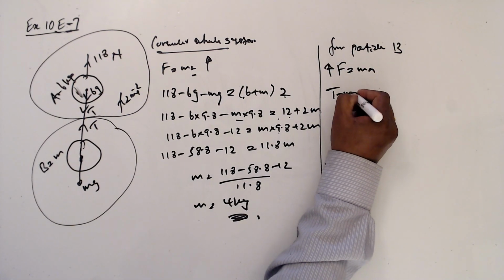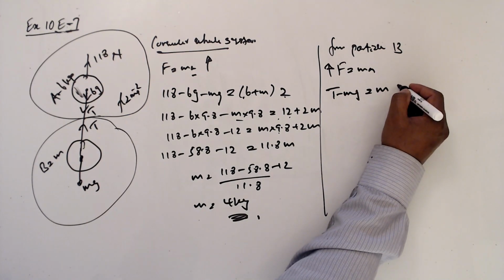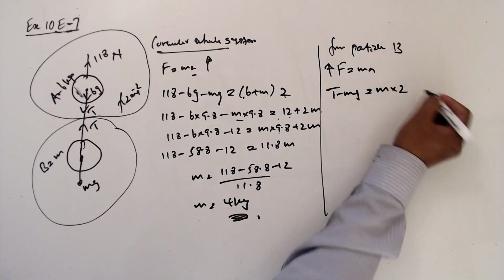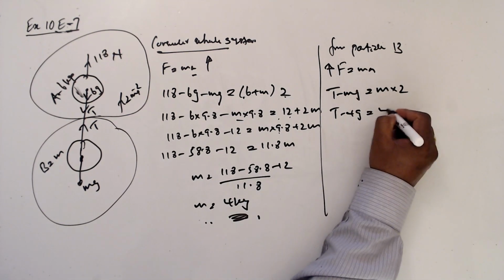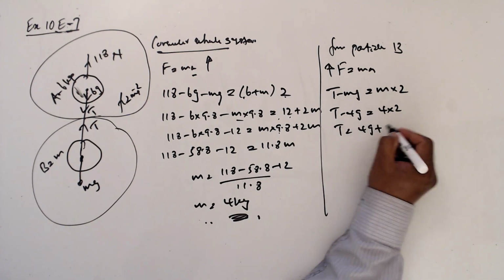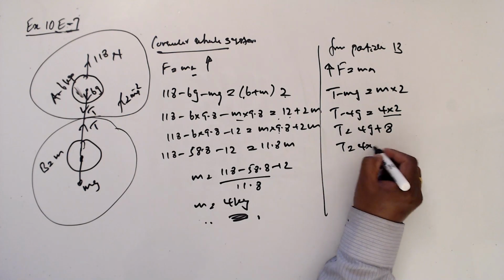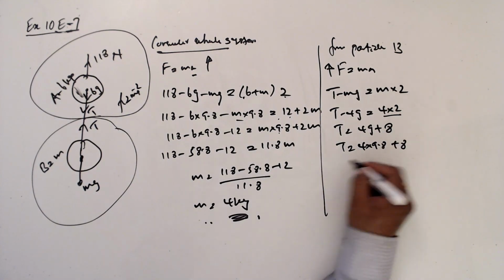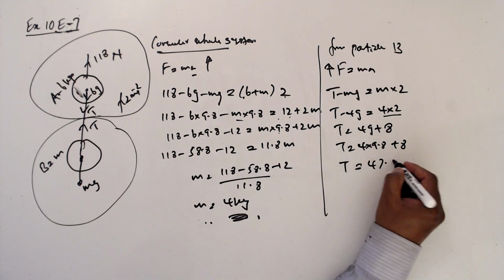T minus mg equals m times a, which we know is 2. Now m is found, 4. T minus 4g equals 4 times 2. T equals 4g plus 4 times 2, 8. So 4 times 9.8 plus 8, the tension is going to be 47.2.